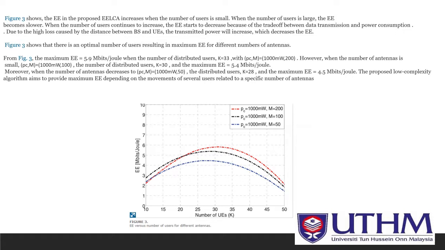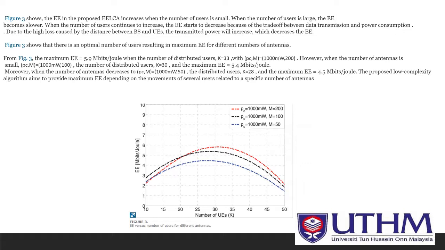However, when the number of antennas is smaller, with PC equal to 1000 milliwatt and M equal to 100, the number of distributed users K is equal to 30 and the maximum EE is equal to 5.4 megabit per joule. Moreover, when the number of antennas decreases to M equal to 50 with PC equal to 1000 milliwatt, the distributed users K is equal to 28 and the maximum EE is equal to 4.5 megabit per joule.